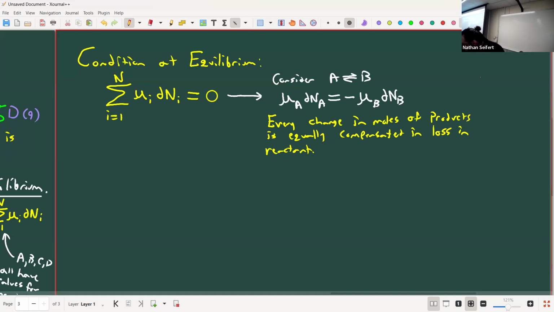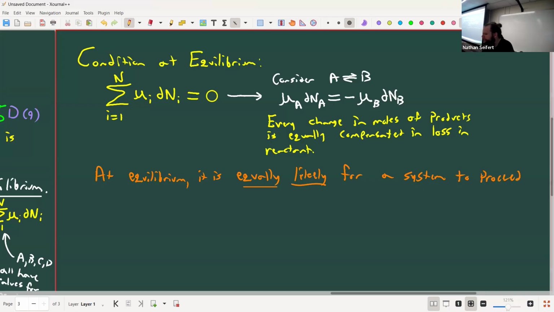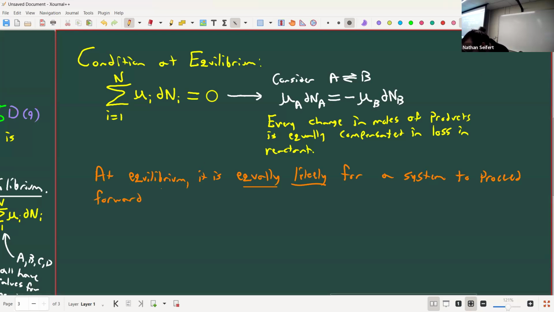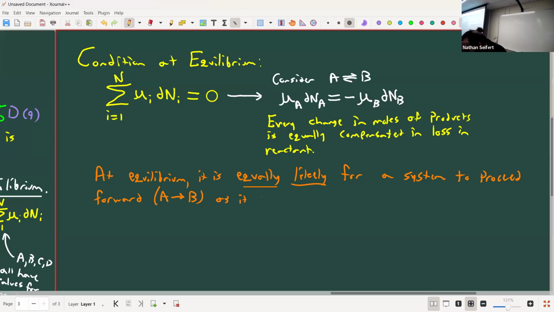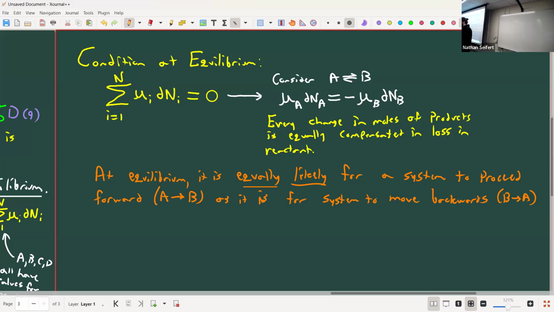And so what this says is that at equilibrium, it is equally likely for a system to proceed forward, which means A to B, as it is for the system to move backwards, because the changes in the energy are balanced with each other at equilibrium.